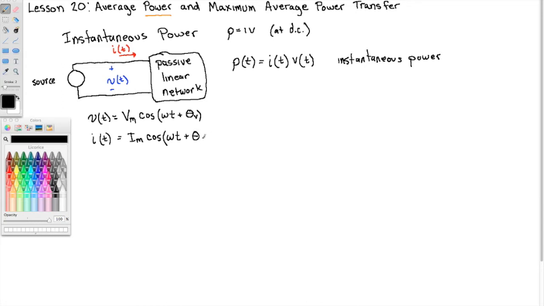So we'll call this theta I. Alright, so our instantaneous power then, if I plug these guys in, Vm, Im, cosine omega t plus theta v times the cosine of omega t plus theta I.